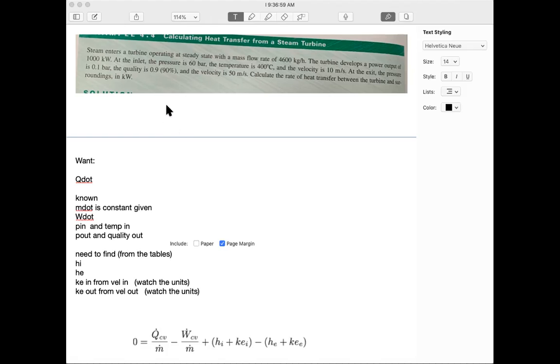Since it gives us quality, does that mean we take 90% of it as the saturated vapor and then 10% as the saturated liquid? So we just use that ratio of multiplying them? Yes. Well, remember, you've got the formula for how to look up properties using quality. You look up the enthalpy of saturated vapor and the enthalpy of saturated liquid, and then you do X times the enthalpy of saturated vapor plus 1 minus X times the enthalpy of saturated liquid.